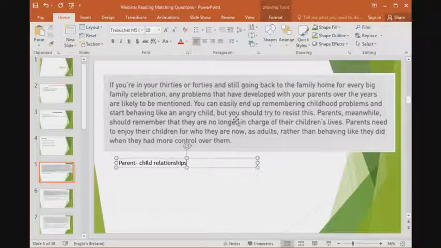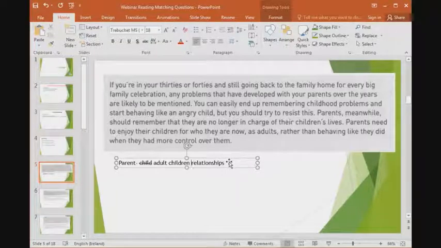So if we look at the first sentence, it talks about if you're in your 30s or 40s. So are you still a child here? Good, adult children. Okay, so more specifically, we can say it's about adult children. So let's cross that one out. So parents and adult children relationships.